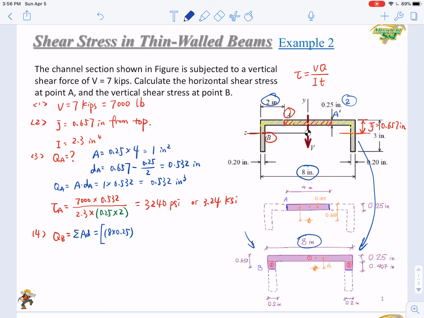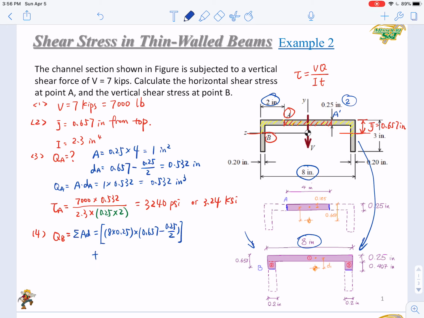And the D1, as we analyzed in step 3, is 0.657. This is the y bar, minus half of the thickness. Here we got A1, D1. Later, we can calculate the A2, D2.